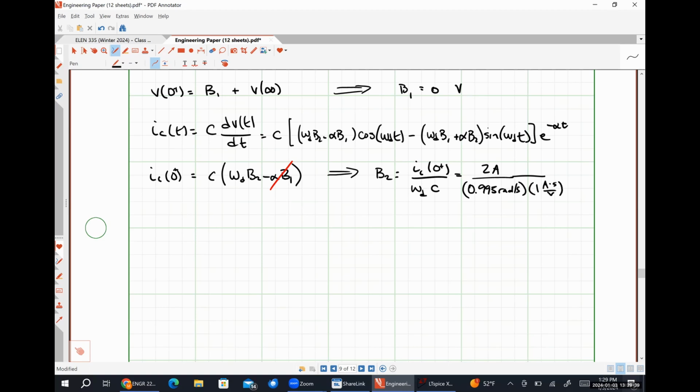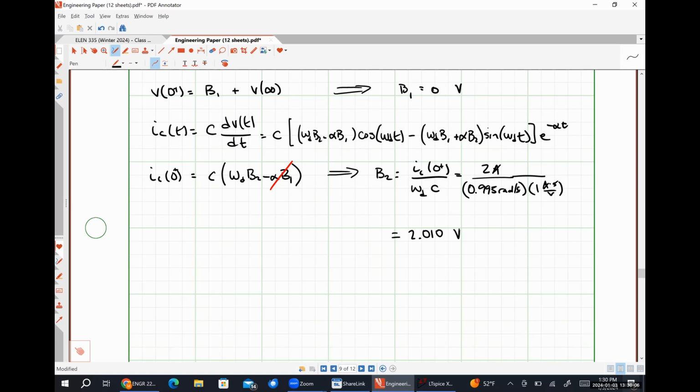So we can see very easily seconds cancel seconds, amps cancel amps, and we're left with B2 in units of volts, which is exactly what we would expect. So 2 divided by my previous answer is 2.010 volts.